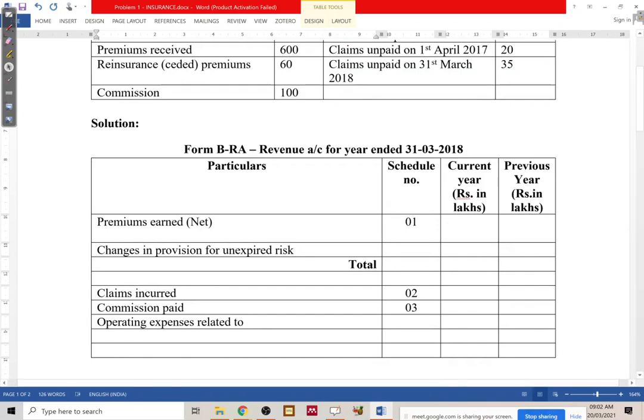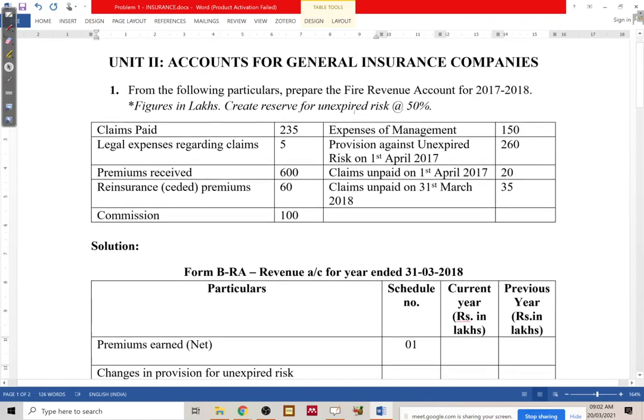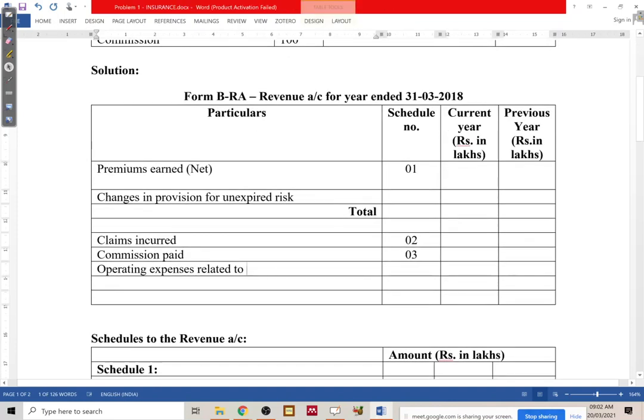These are operating expenses related to only that particular department. In this example, the department is the fire revenue department, the fire insurance. So these operating expenses will be those related only to the fire insurance business. Is this clear?